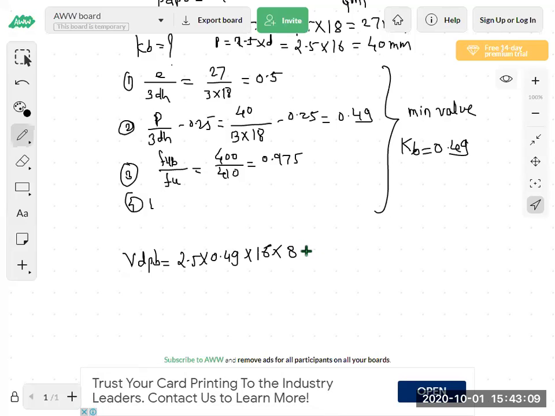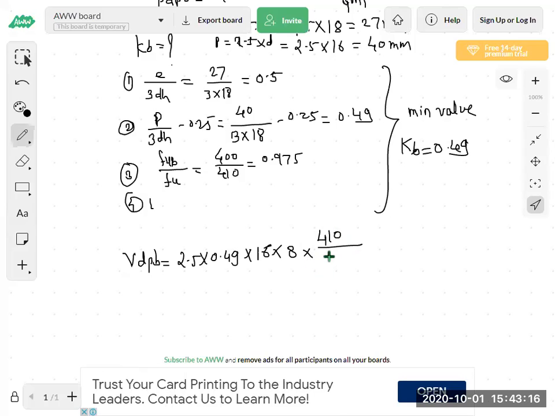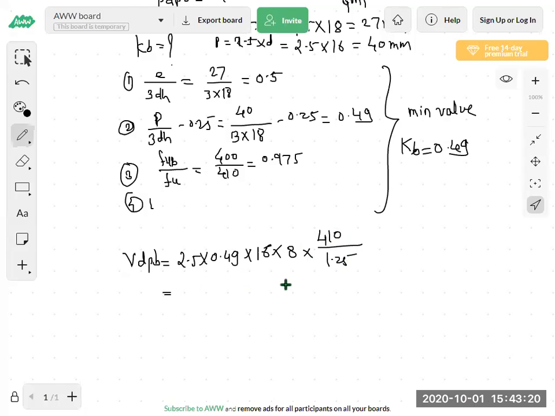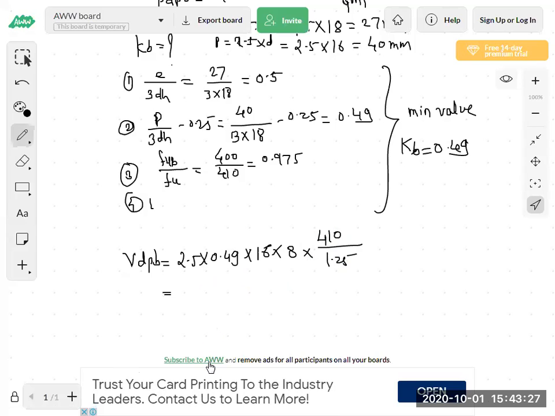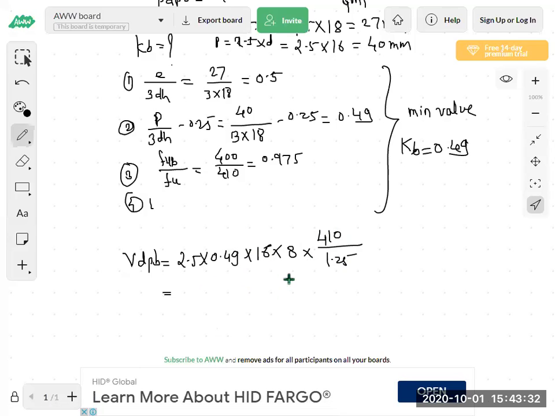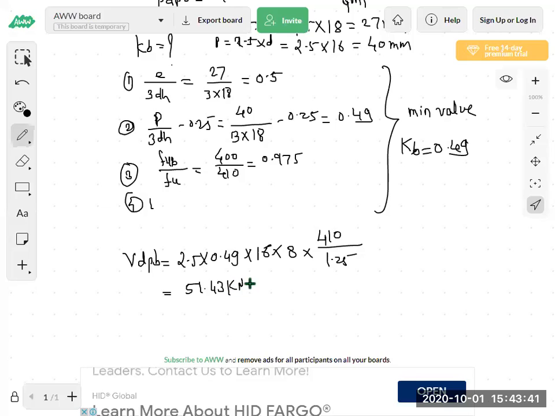How much thickness have we calculated? 8 mm, into fu, fu is 410, divided by gamma m1 is 1.25. So this is the bearing strength. How much is this value? 51.43 kilonewton. Okay.